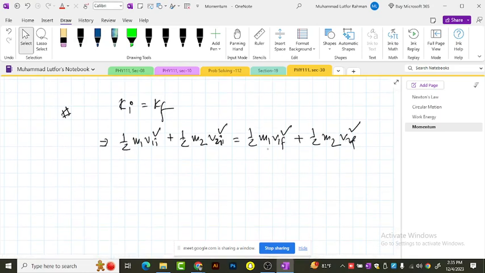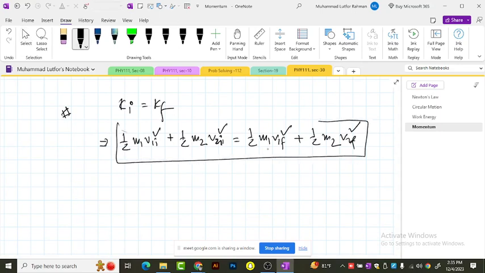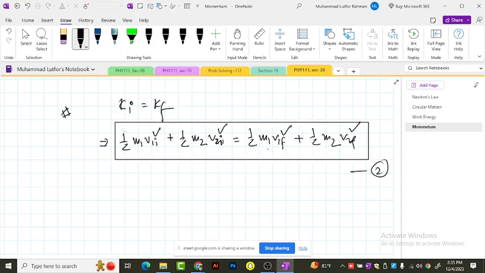This is equation number 2. So I have two unknowns, v1f and v2f, and two equations to find them.